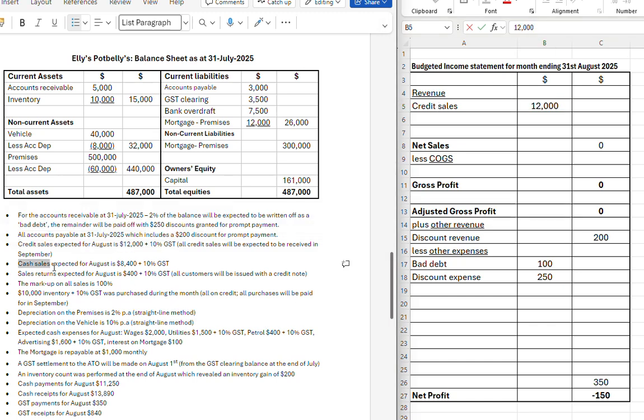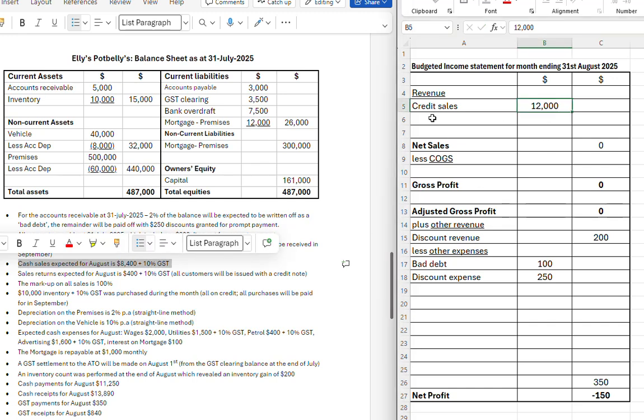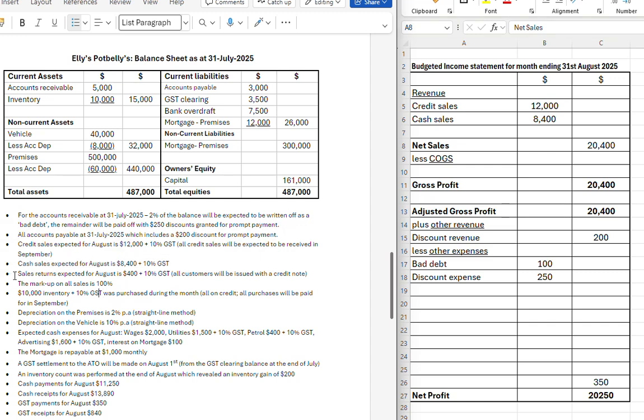Same drill with cash sales. 8,400. That is trading revenue. Ignore the GST. 8,400. Okay. Sales returns anticipated are 400, so we want to keep tabs on that.